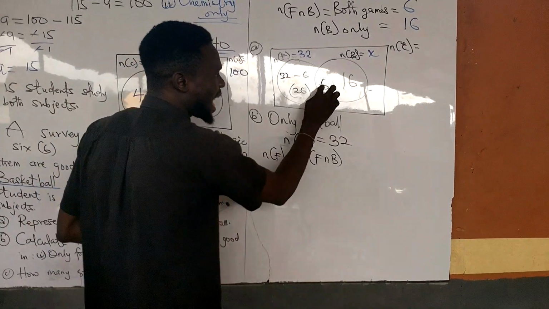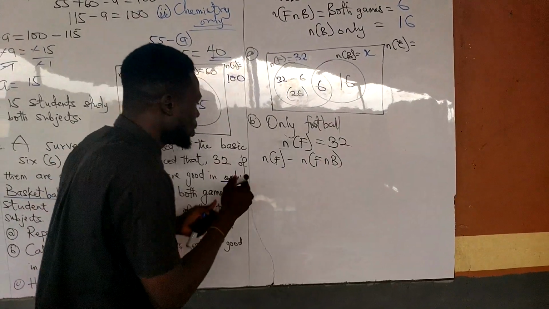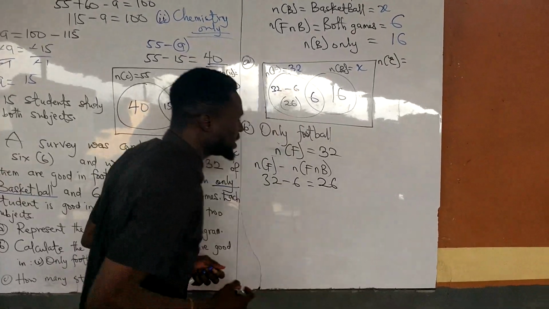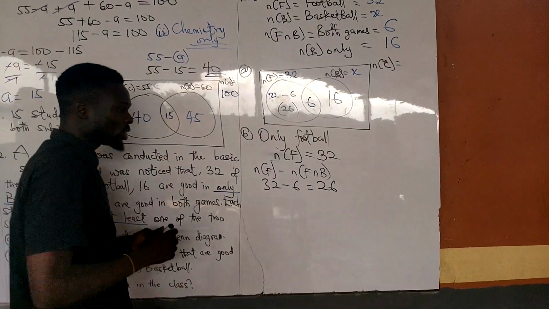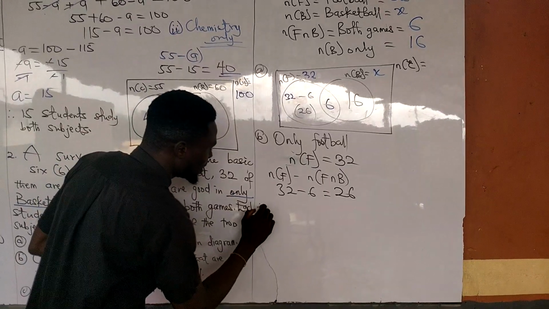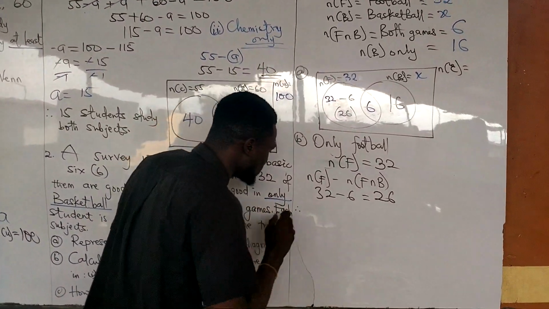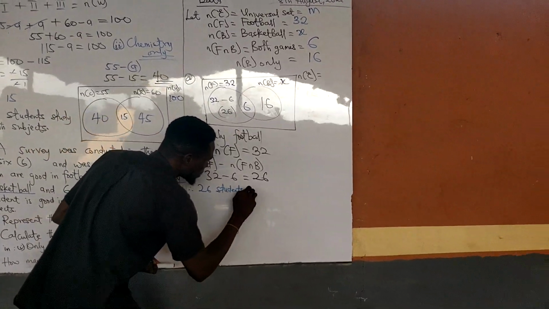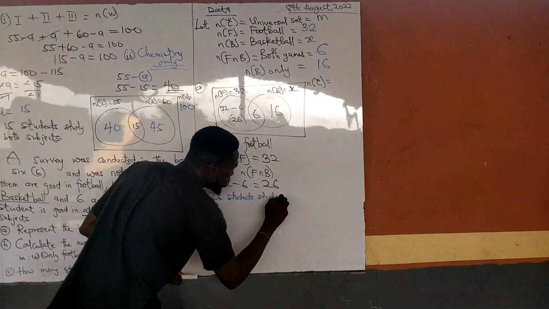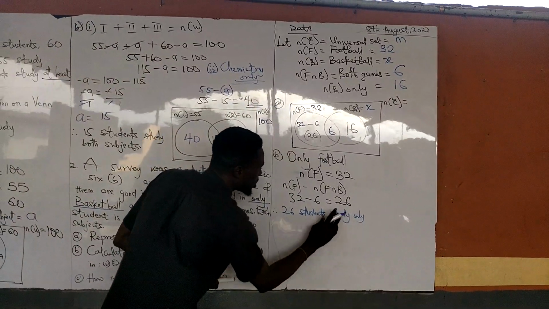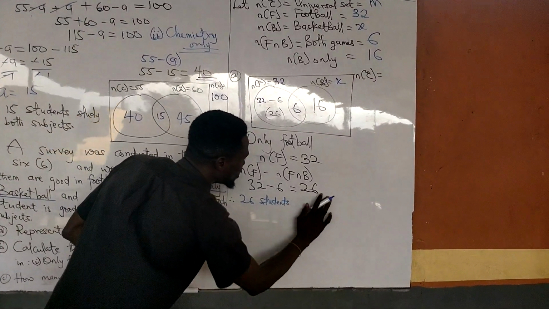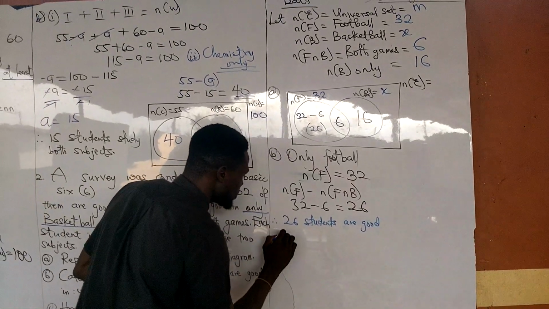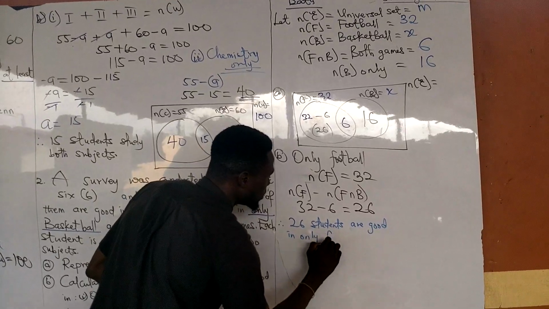Then this is the intersection, which is the 6. So 32 minus 6, as we calculated here, is 26. So therefore, we have here 26 students that are good in only football.